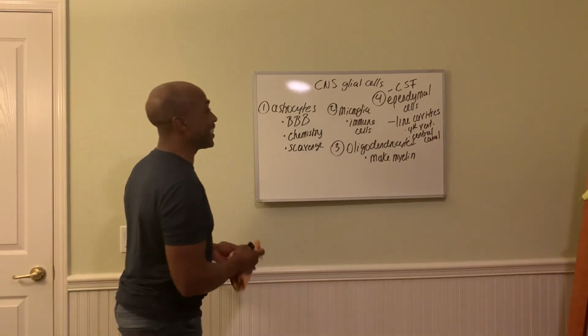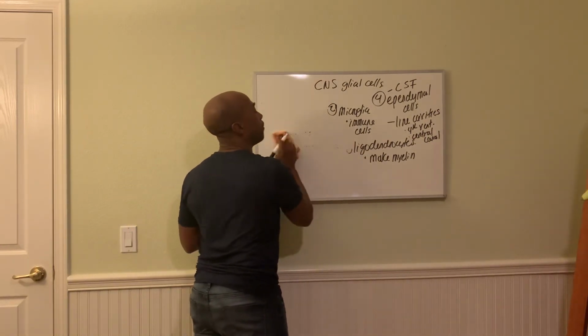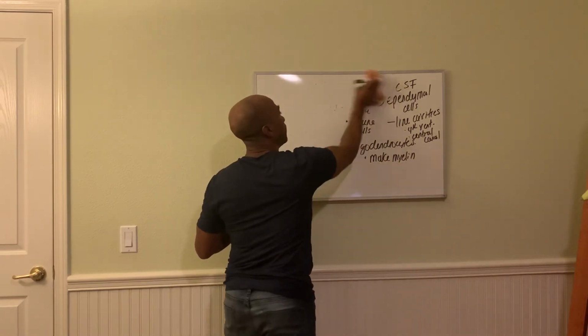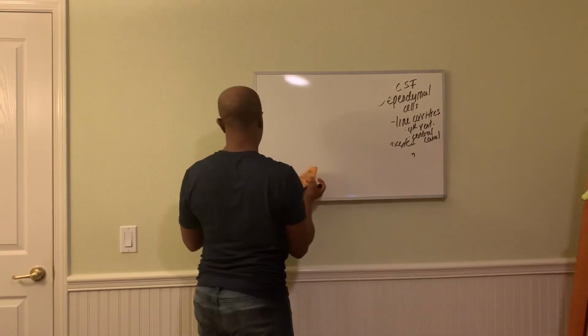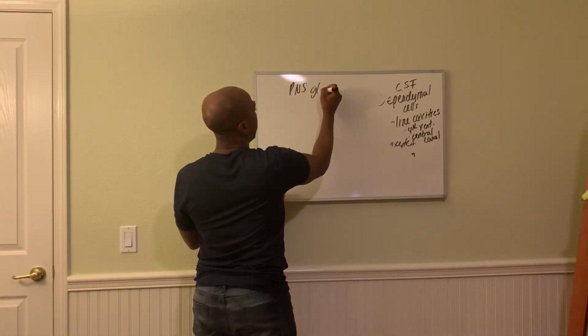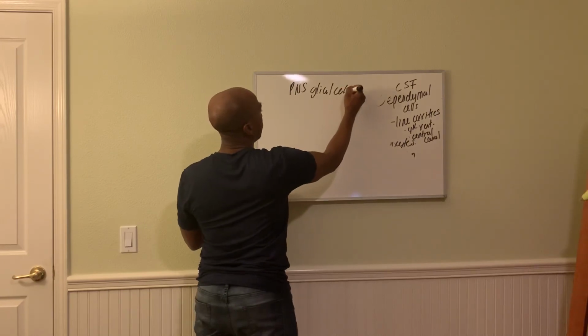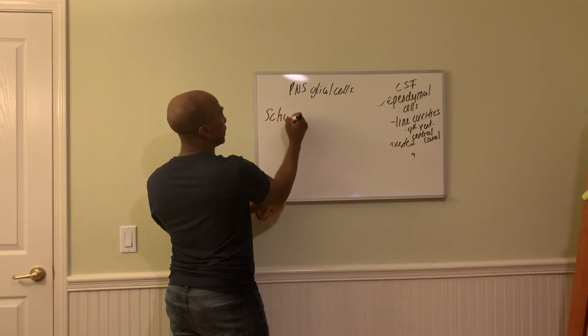We're going to next look at the glial cells that we find in the PNS. And there are two types there. So PNS glia cells. First one, we have what we call your Schwann cells.